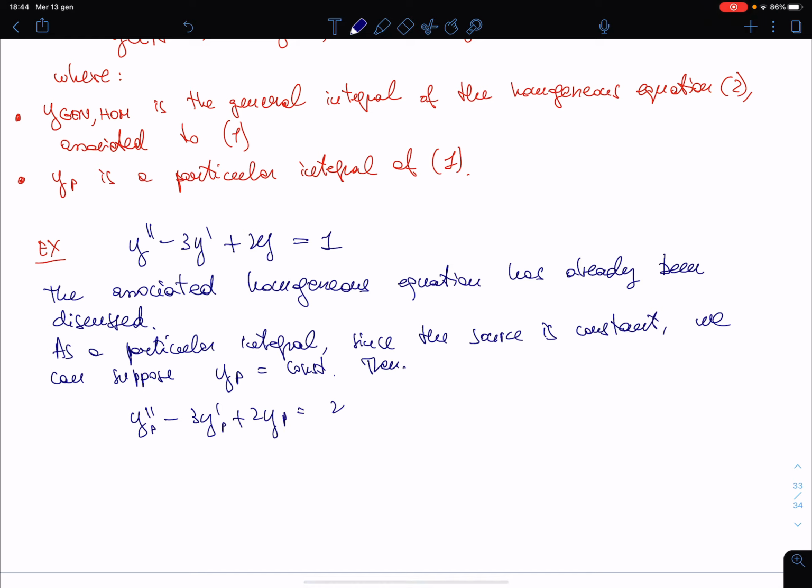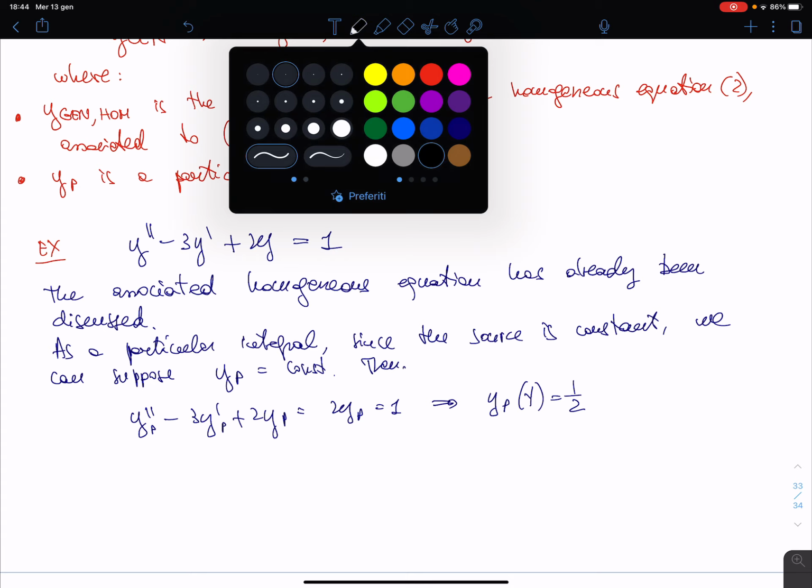This is equal to 2yp, is equal to 1. So yp is equal to 1/2. This is a particular integral.